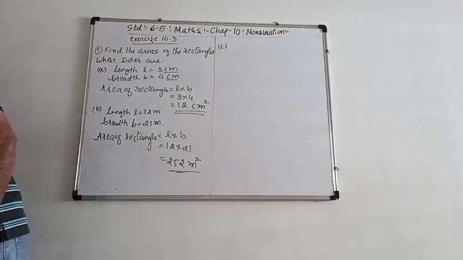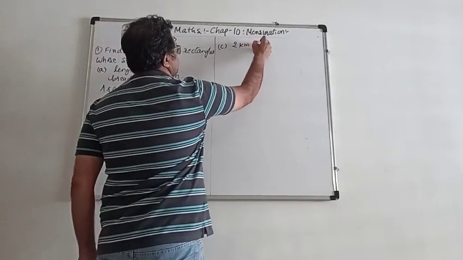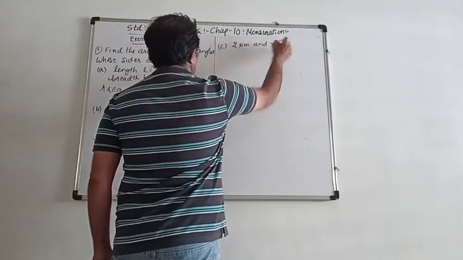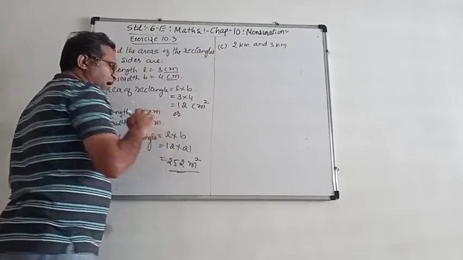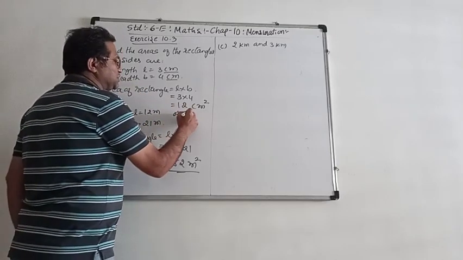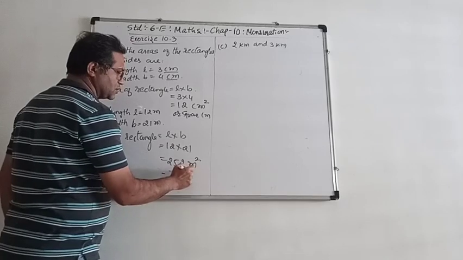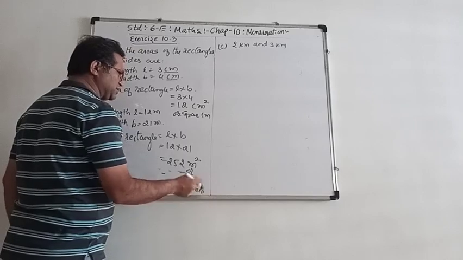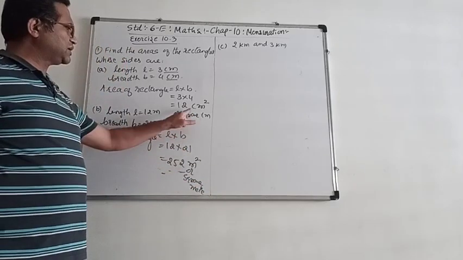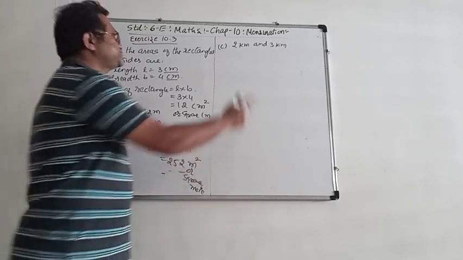Third one, 2 kilometer and 3 kilometer. Here you can write down centimeter square, or you can write down square centimeter also. Here also, or you can write down square meter, because in the book it is given square meter and square centimeter. But you can write down centimeter square and meter square also, whatever you remember.